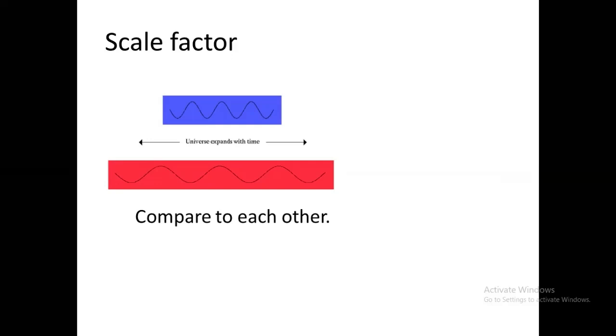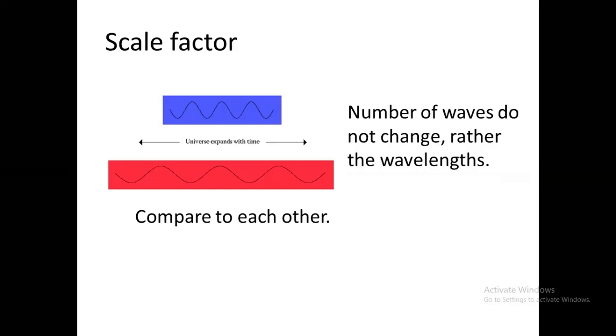Now, why does this happen? Well, you can see in the explanation here that the universe expands with time. So when light travels, the wavelength is stretched out by the universe as well, such that the original blue light with shorter wavelengths and higher frequencies becomes stretched out to be red light with longer wavelengths and smaller frequencies.